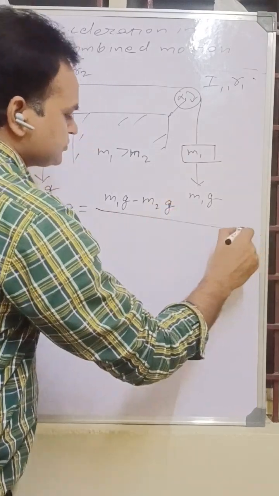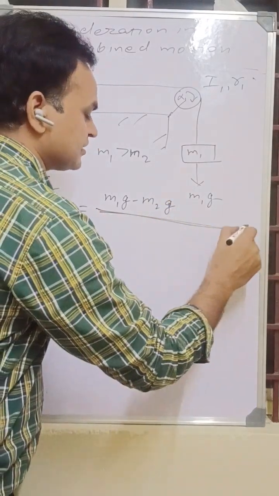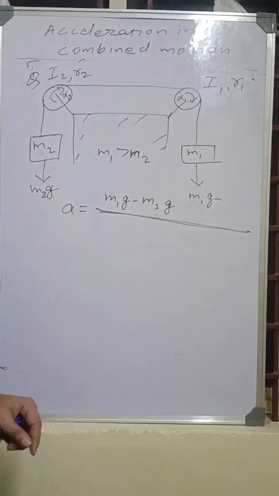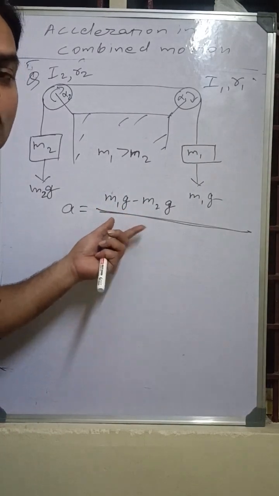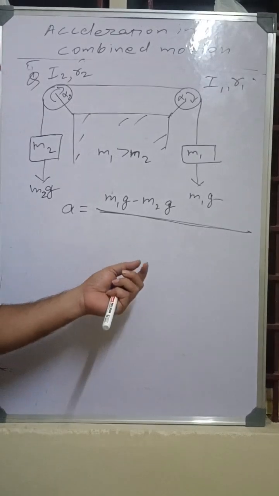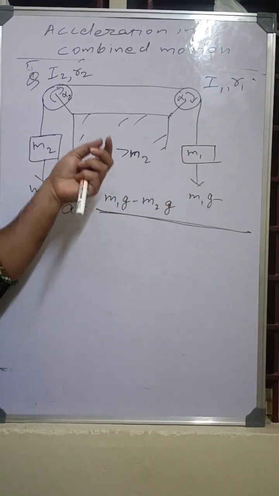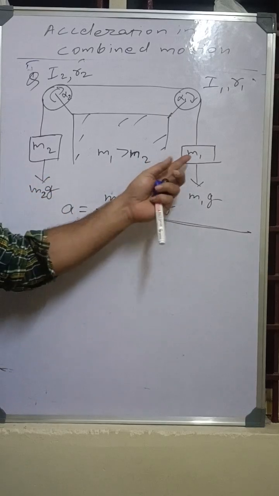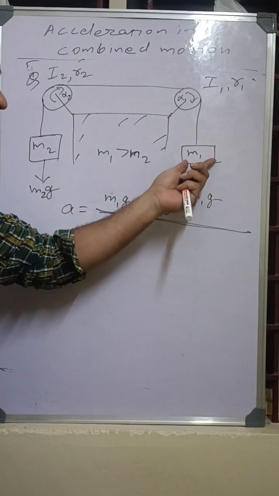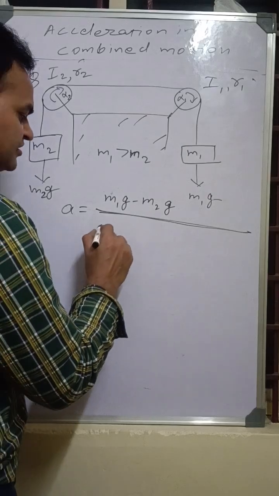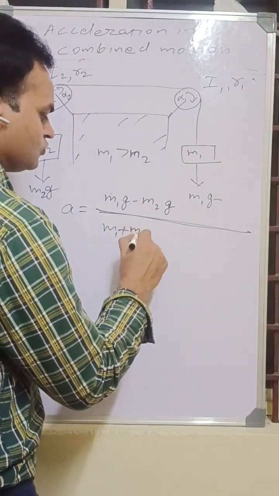So the net unbalanced force on the system divided by total inertia. In total inertia we have to calculate inertia due to translation and inertia due to rotation. Inertia due to translation: this body is only translating, and this body is only translating, so total translational inertia is m1 plus m2.